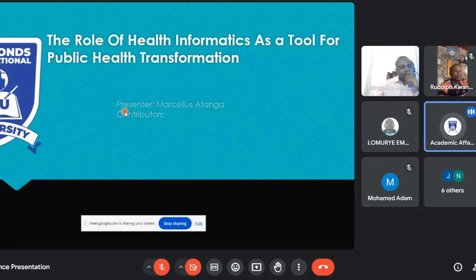And we're excited that medical informatics contribute to patient safety and quality of care. We're excited that innovation in healthcare systems is very important.